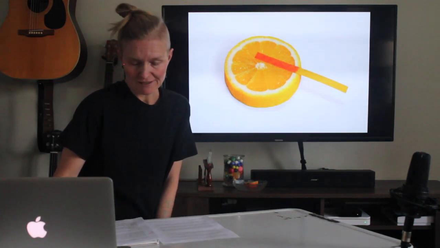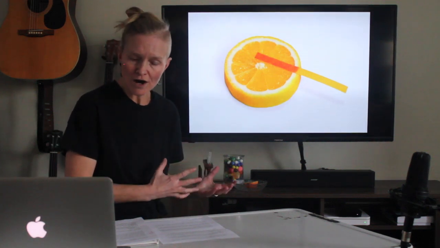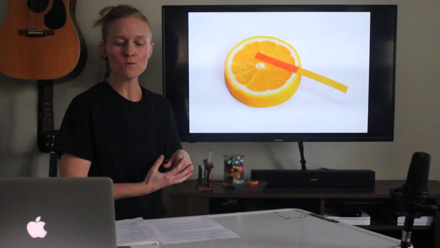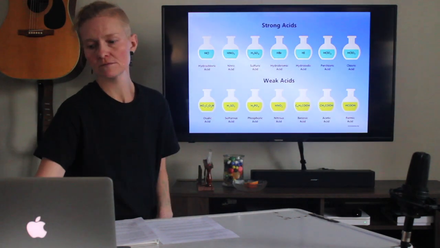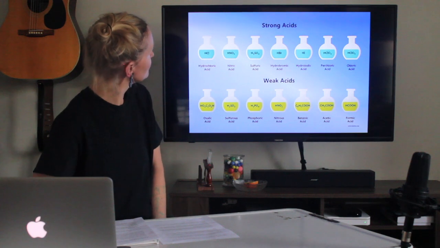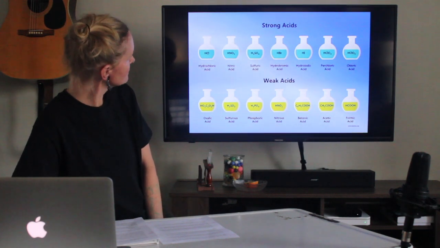But actually, the hydrogen atom attaches to the water molecule to form what's called the hydronium molecule. Oops, here we have some common acids, strong and weak acids.